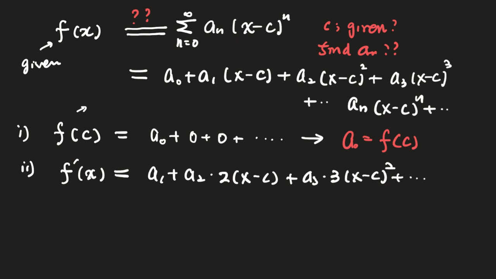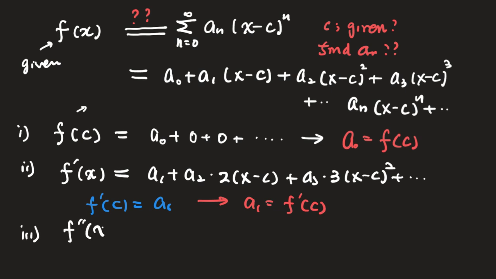So you plug in c here, and you plug in c there. f prime of c is going to be a1. So you find a1. That's f prime of c.